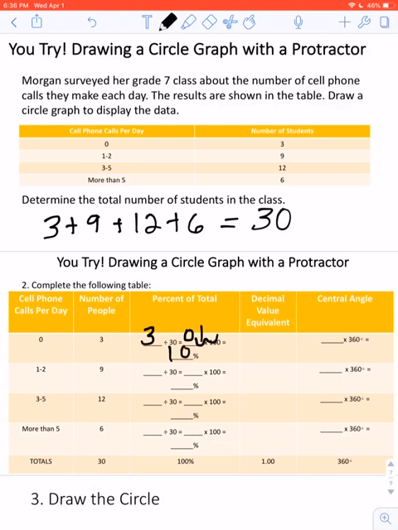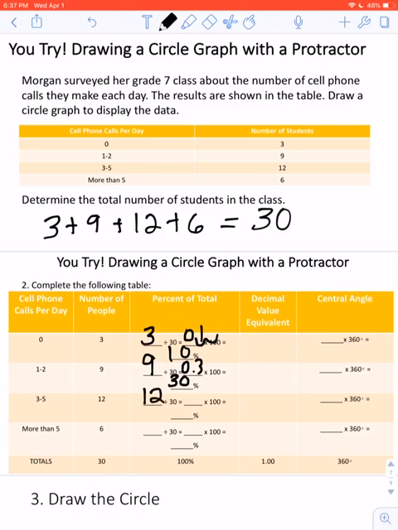The next one is there are 9 people that make 1 to 2 phone calls per day. So 9 divided by 30, punch that into my calculator, gives me 0.3. I'm going to multiply it by 100, and that's going to give me 30%. Next, 12 divided by 30.